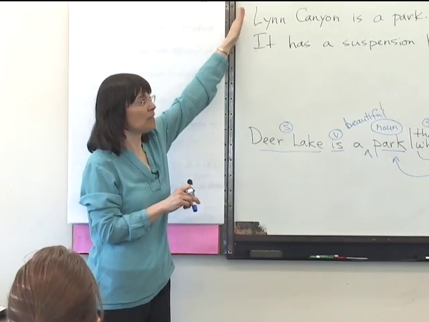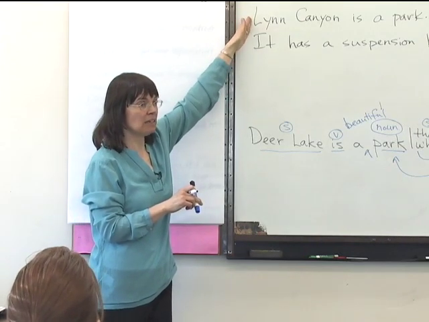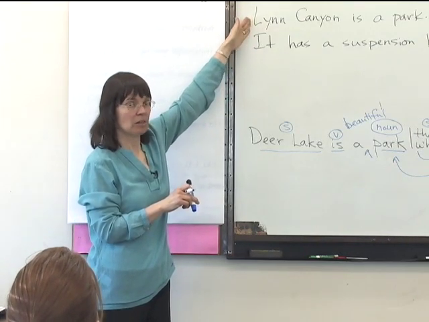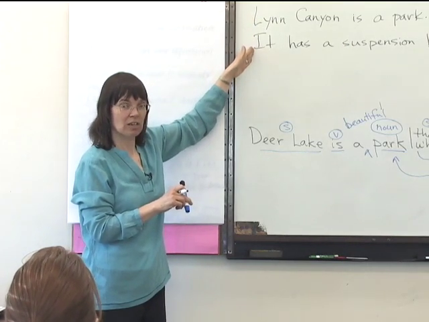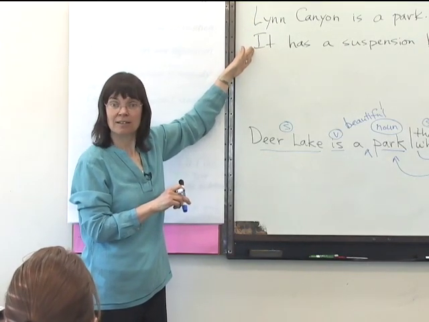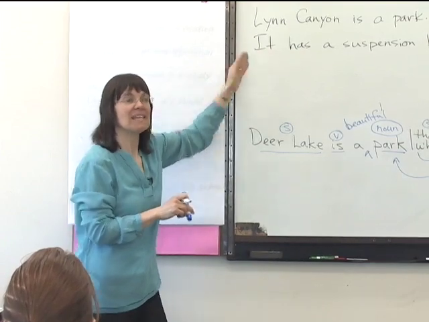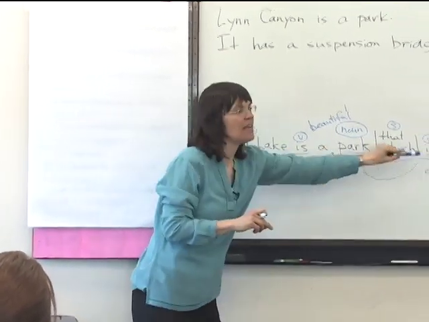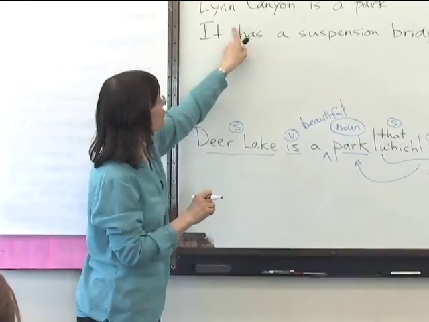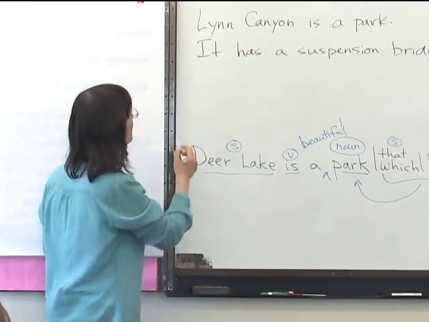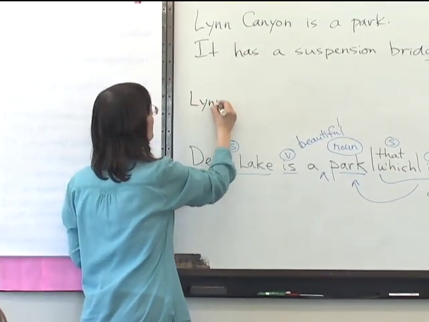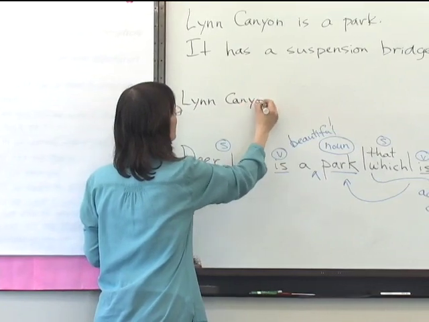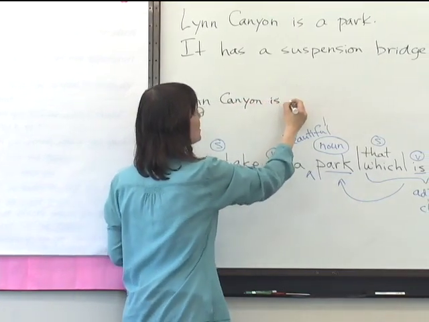Okay, so start from the beginning. Lynn Canyon is a park which has a suspension bridge. So it follows the same pattern because the verb here is has. Right. So Lynn Canyon, where is it?